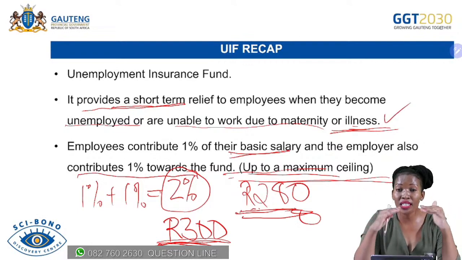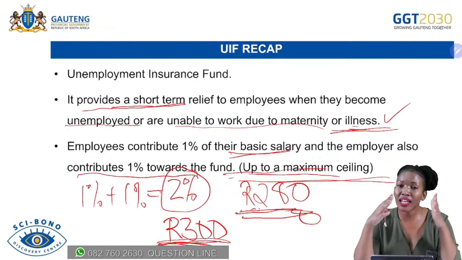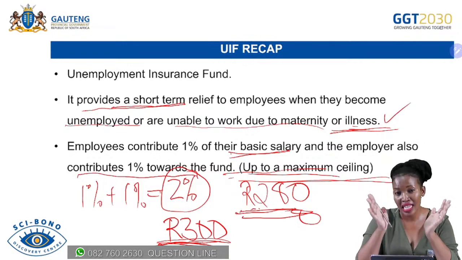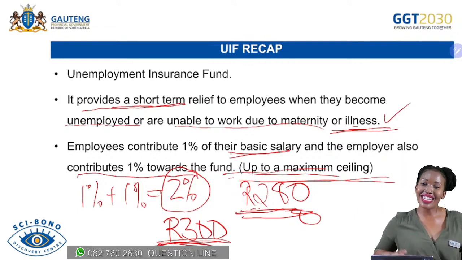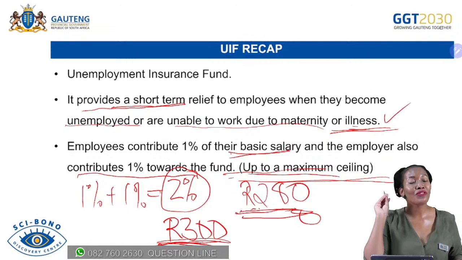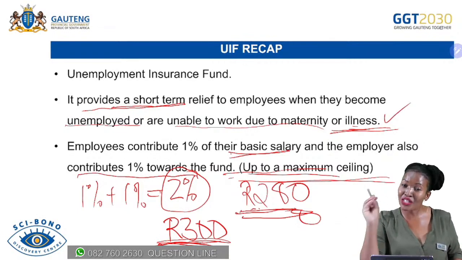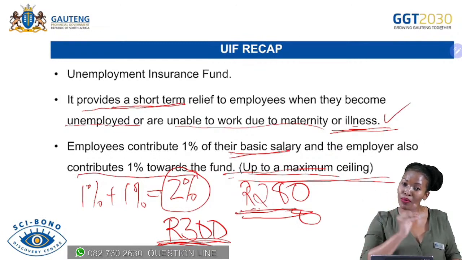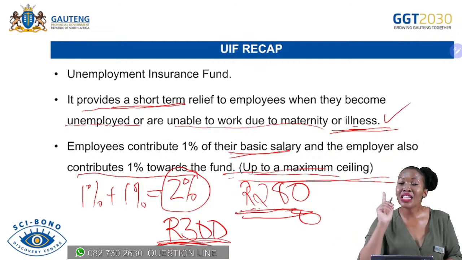You can go through it and then you'll understand exactly what I just explained with regards to UIF and the maximum ceiling. I'm going to repeat this again, girls and boys and teachers at school. You do not have to worry about the maximum ceiling. You don't even have to know it. Just know that the UIF contribution for the employee is 1%, and for the employer is 1%.